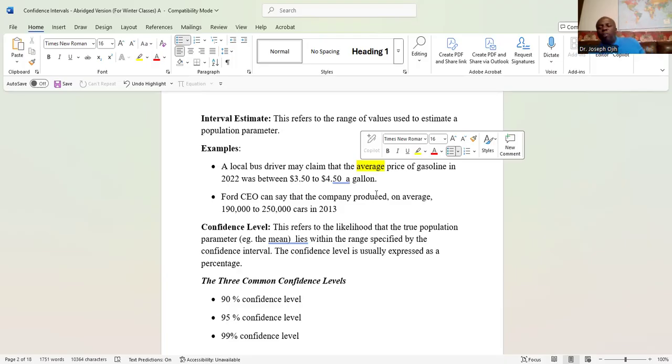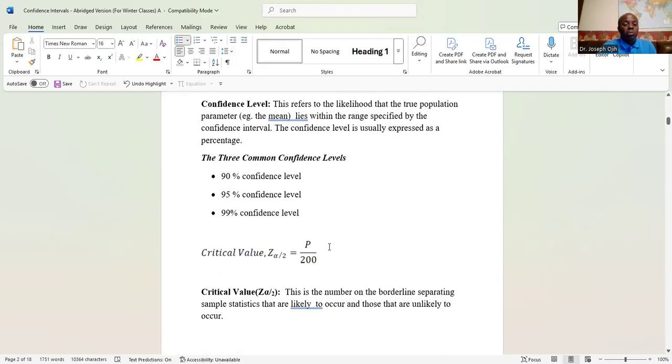When doing confidence intervals, we need to be conversant with some terms. One of them is the confidence level, which is the likelihood that the true population parameter, such as the mean or the standard deviation, lies within the range specified in the interval. The most common confidence levels we use in statistics are 90%, 95%, and 99%.